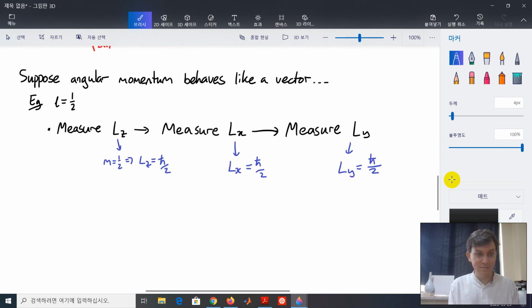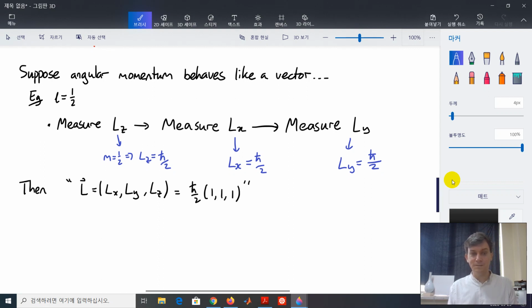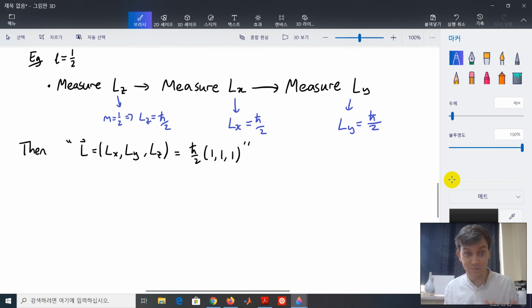Then you might want to write that L is just the vector Lx, Ly, Lz. So this is just h bar over 2 times the vector 1, 1, 1. So we've determined the angular momentum vector.